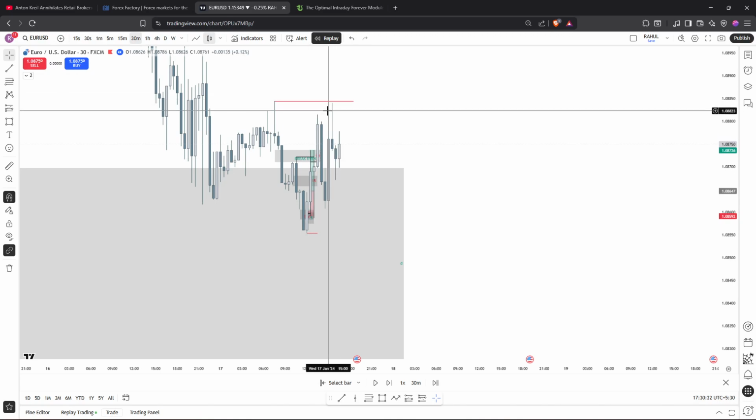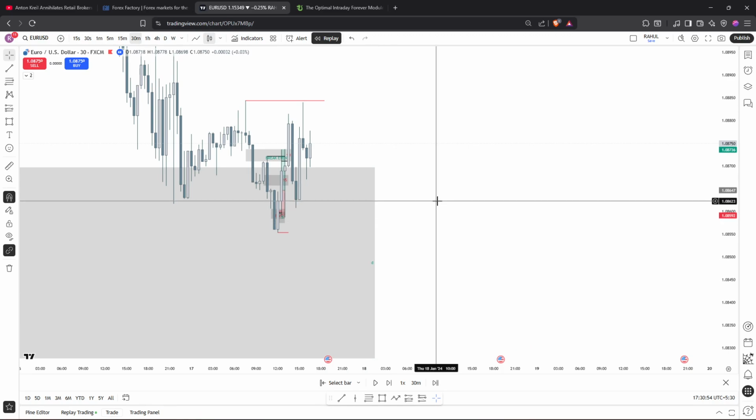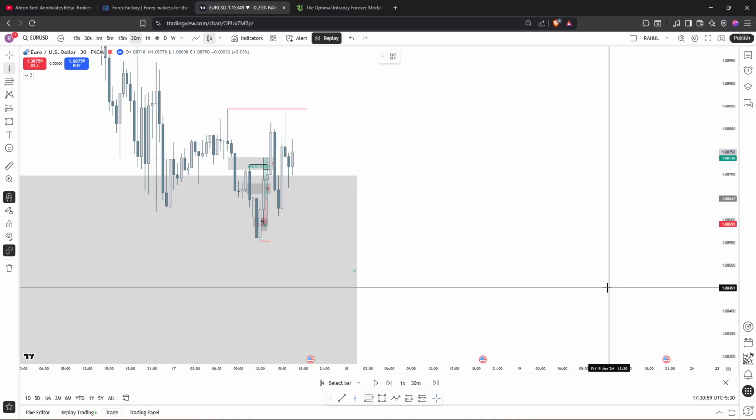Asian high, every time you test, you can't put your TP or stop loss right there. If you're putting SL, you need to put it a little bit higher. And if you're putting TP, you need to put it a little bit lower so the market can just execute that.